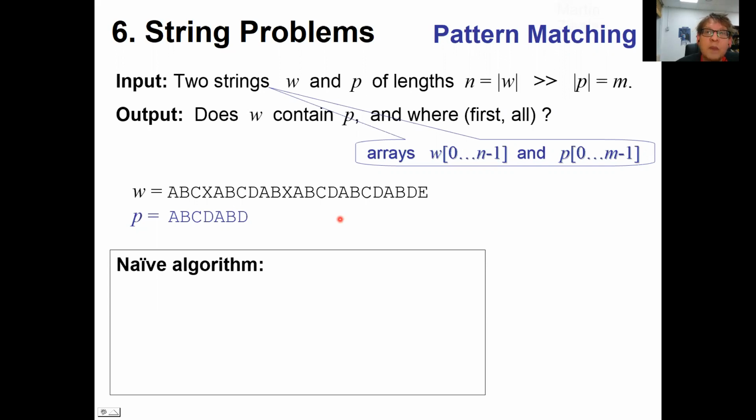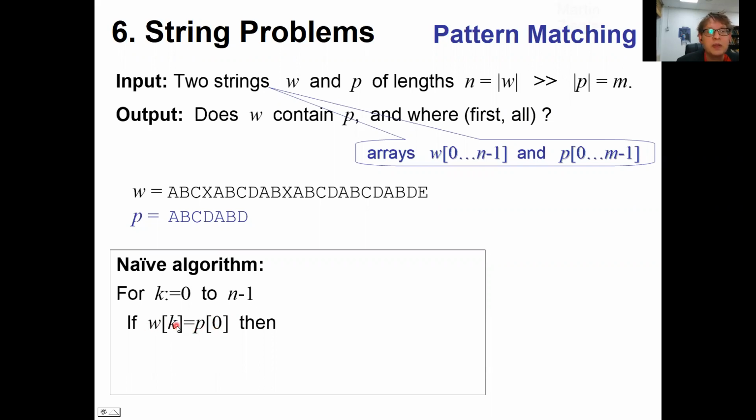The pattern could occur anywhere, so we look at all possible starting positions K as indices into the long input string, and check whether at this position the first character agrees with the first character of the pattern.